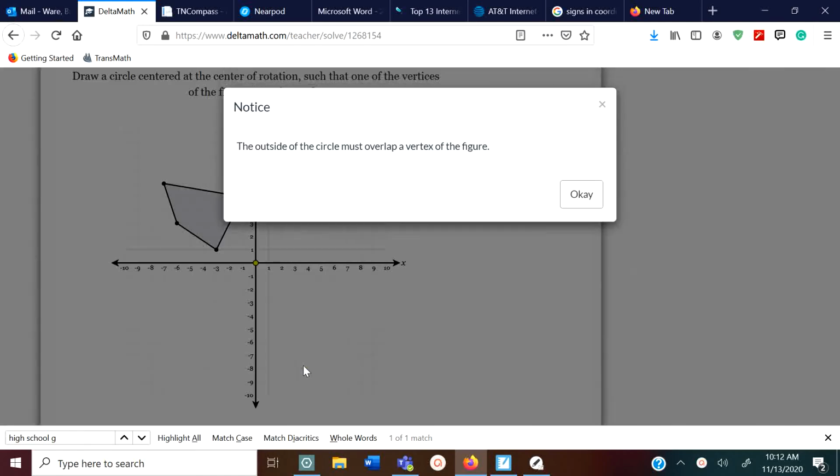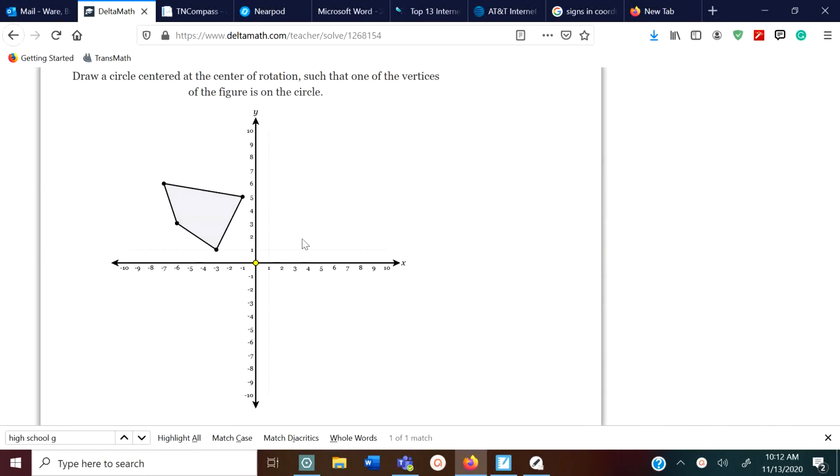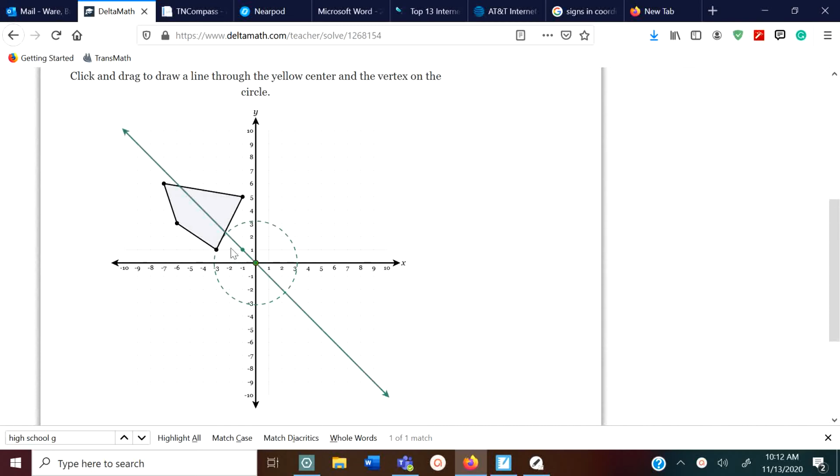Doesn't quite work. Alright, we're going to leave it right here. Boom. As long as one of the vertices is on the circle, you're good. Now we're going to click from that dot to this dot to make that line.